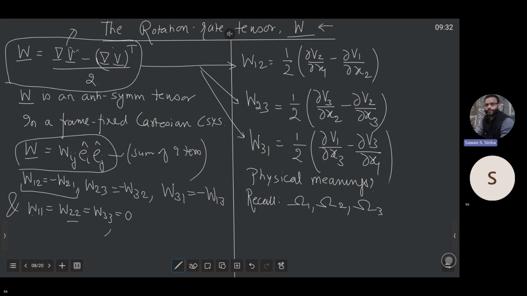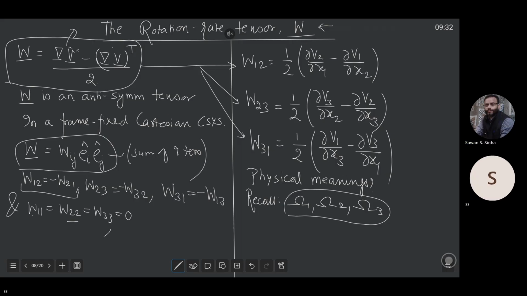Any physical meaning of these? Recall these things. What are these things? ये symbol मैंने use किया है पहले. Average angular velocity vector, its components. Is there any relationship between omega 1, omega 2, omega 3 and W12, W23 and W31?